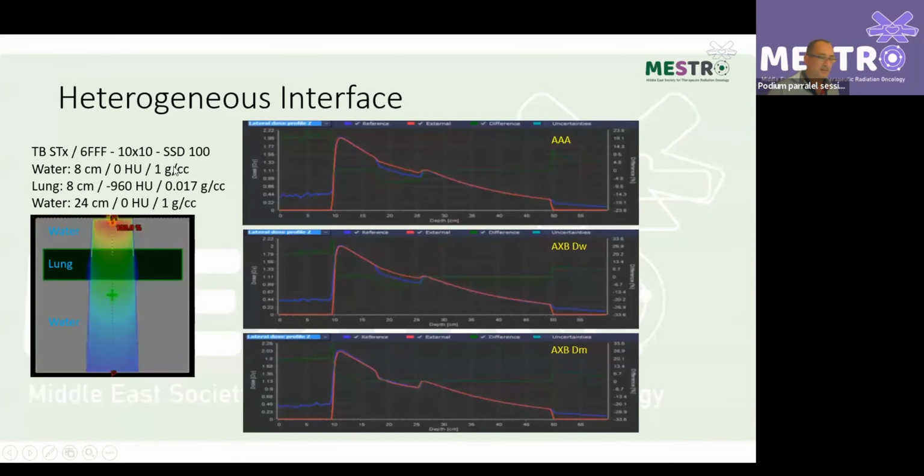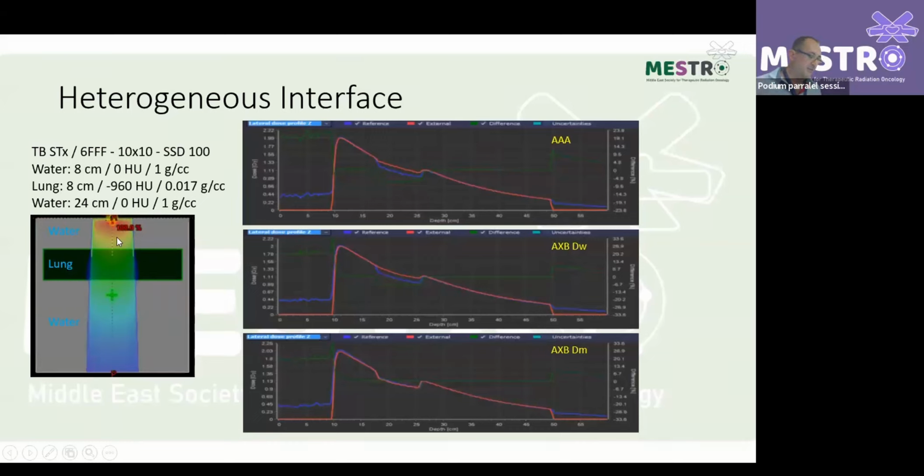In order to test AAA and Acuros dose to water and Acuros dose to medium existing in Eclipse, so to validate these algorithms, a heterogeneous interface can help. For example, I have this geometry: water, lung, very low density, and water.